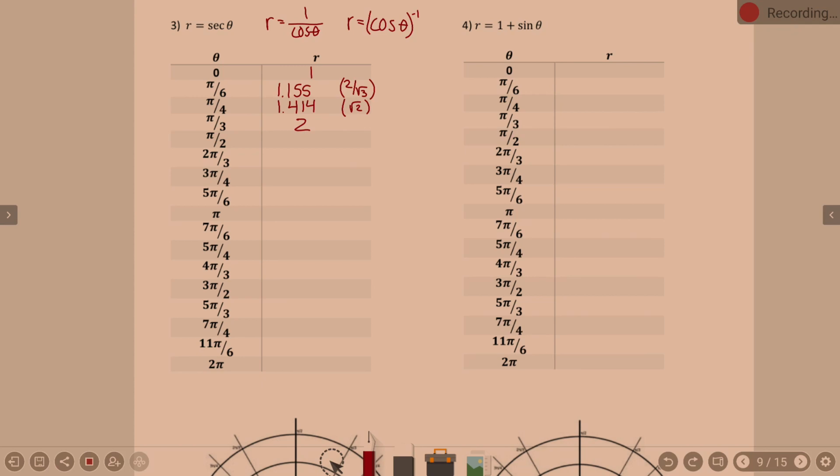If you have 0, say 0 over 5, and I just made up 5, the reciprocal of that is 5 over 0. You can't divide by 0, so it's what we call undefined. In a regular graph, when we're graphing secant, remember there's asymptotes. So it's an asymptote. Now, it's not an asymptote on a polar graph. It's just undefined. Okay.